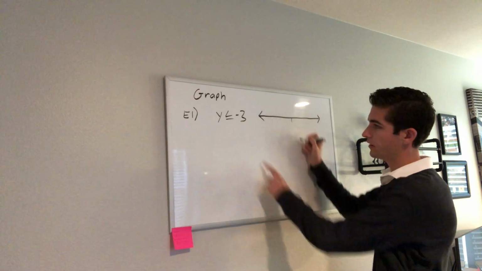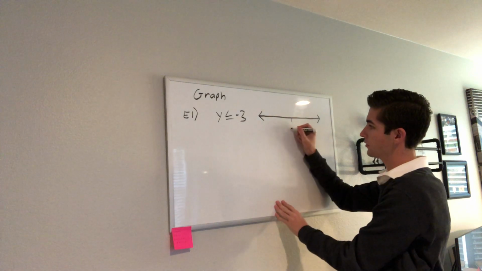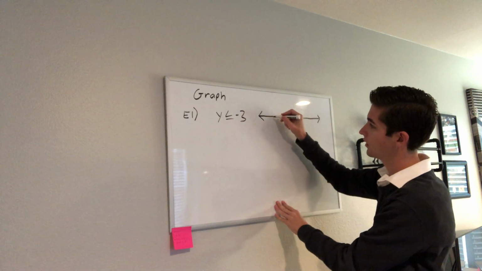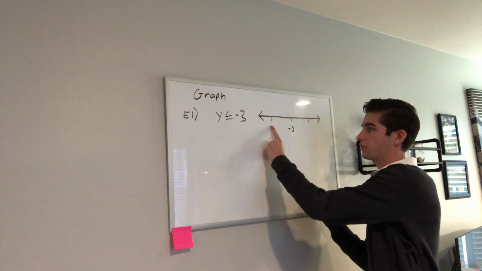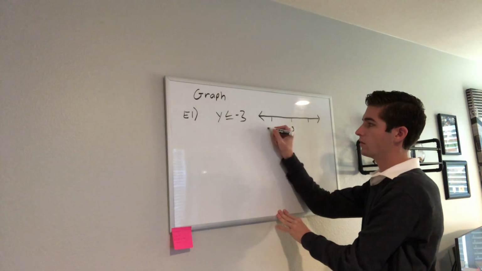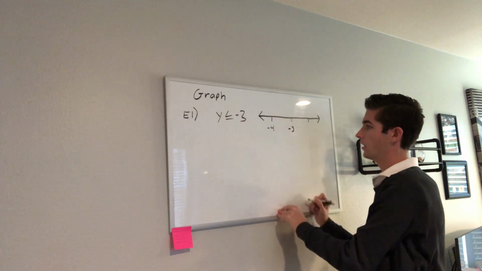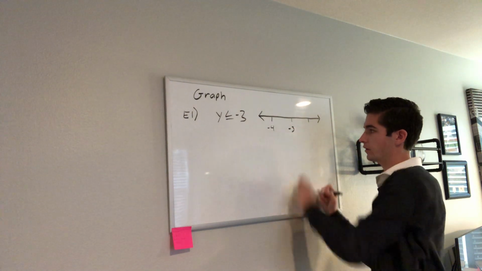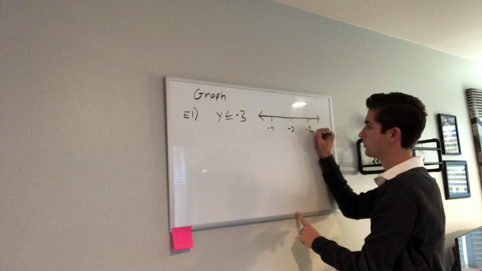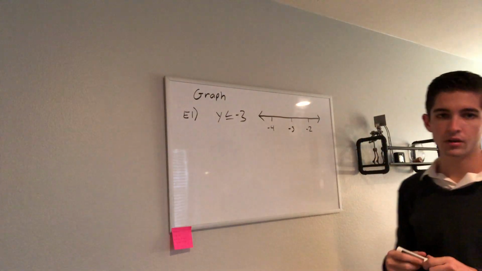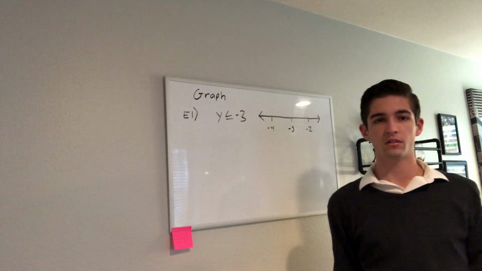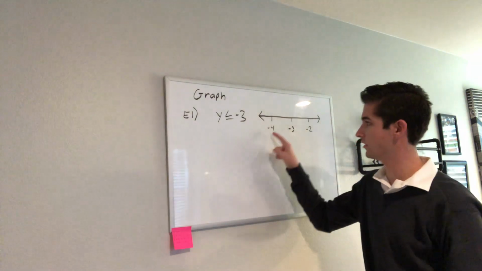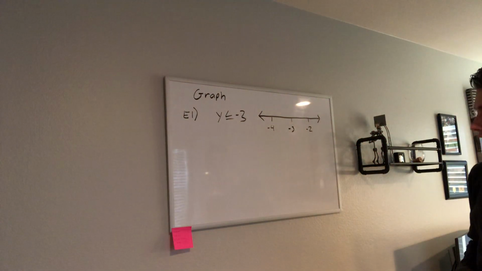We're going to put this number right in the middle of the graph. So we're going to say -3, and we're going to use 2 numbers. We're going to put one number smaller than -3, so we'll go -4, and one number larger than -3. We'll say -2. So we only want 3 numbers. We don't want to get crazy, because what if our number line was like 1,000? We wouldn't want to draw 1,000 dots. So let's just put 3 points on our graph.